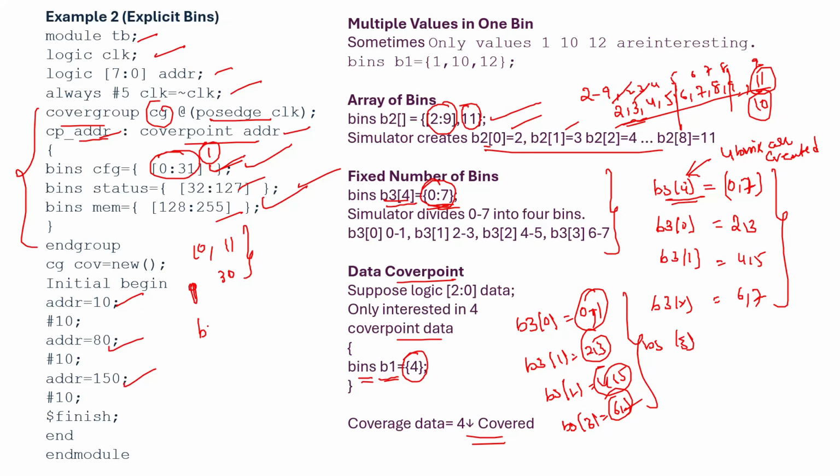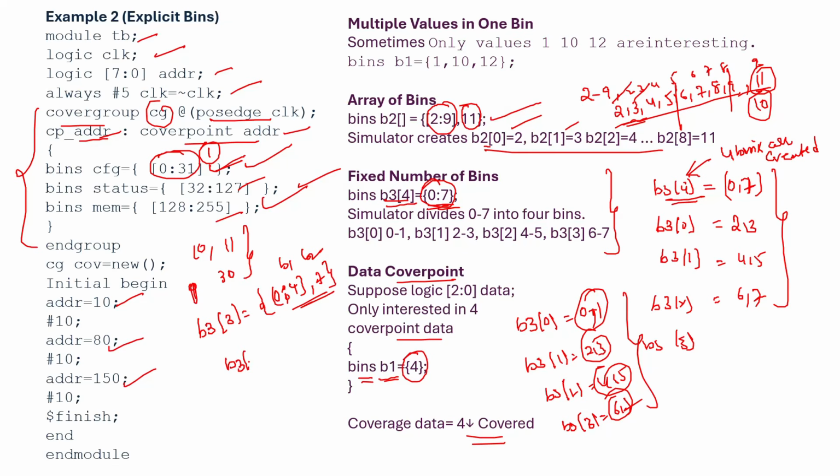Suppose here also another thing, b3 of 3 I am creating. Inside that I am writing 0 to 4 as one range, and then another range, 7. Only two bins are created here, this is bin 1 and this is bin 2.